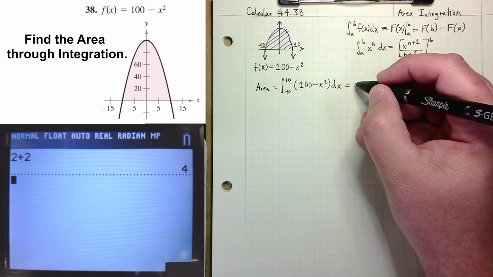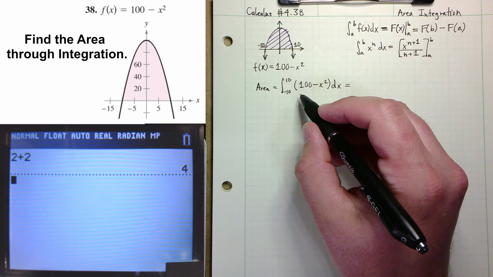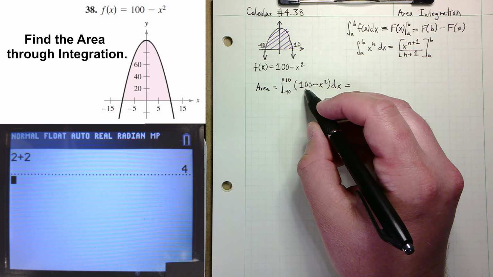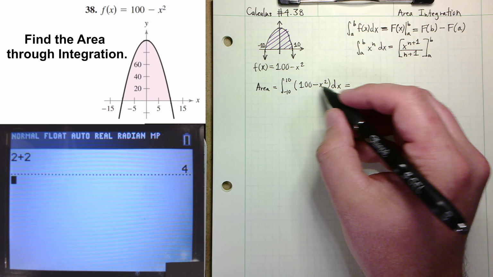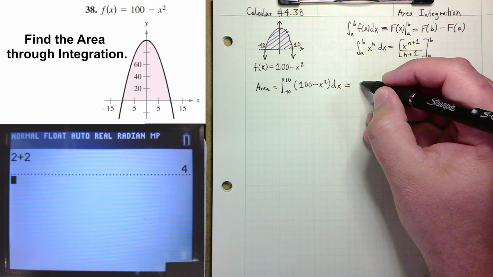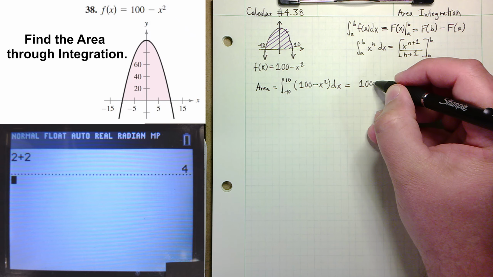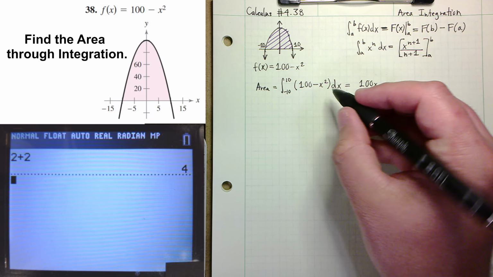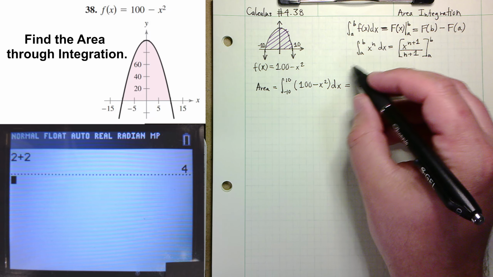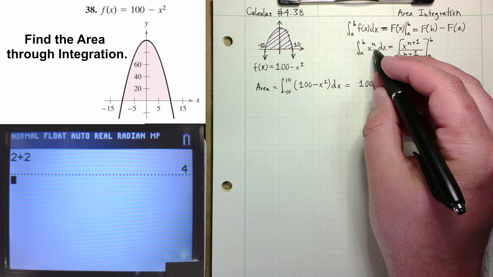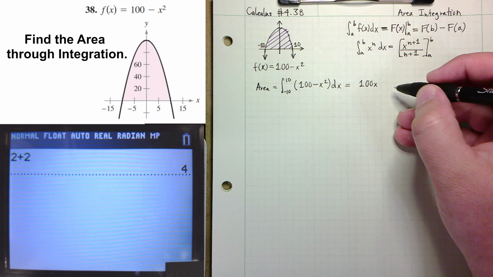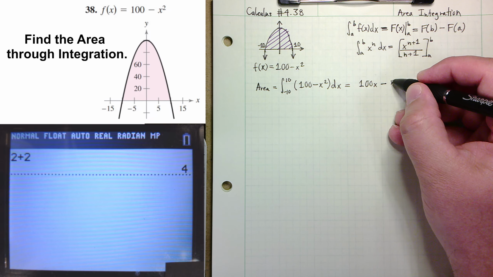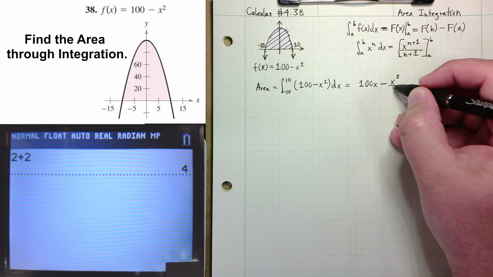So we apply our rule for constants. When integrating a constant, we know the integral of 100 dx is simply going to be 100 multiplied by x. And then we use our power rule. Here it's x squared, so n is 2, which tells us we're going to have minus x cubed over 3.